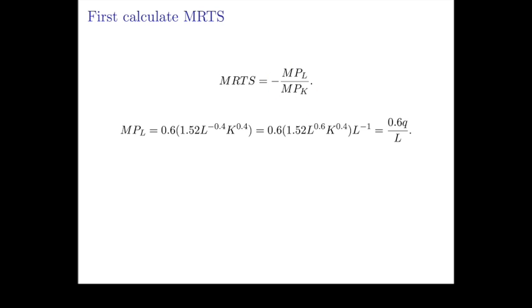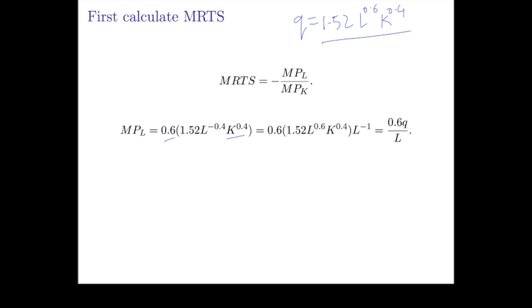The marginal product of labor is, remember, the production function is 1.52 times L to the 0.6 times K to the 0.4. If we want the marginal product of labor, we take the derivative of this with respect to L. So we get 0.6 times 1.52, which is a constant.